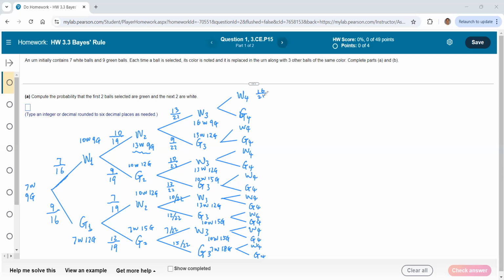16 out of 25, 9 out of 25. And then you have 13 out of 25, 12 out of 25. And then here you have 13 out of 25, 12 out of 25, 10 out of 25, and 15 out of 25, and so forth. 13 out of 25, 12 out of 25, 10 out of 25, 15 out of 25.